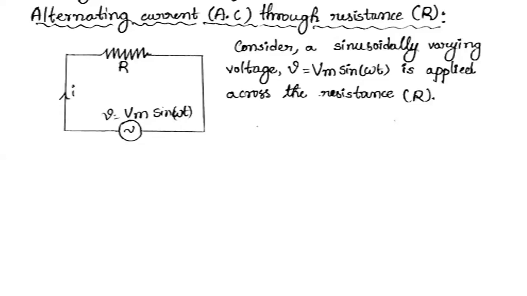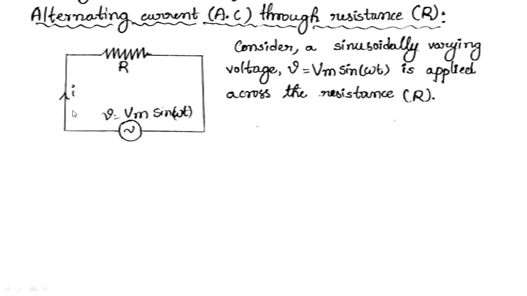Now I want to find the voltage, current and power for the given circuit, and I need to draw the phasor diagram for AC through a pure resistor. In this simple AC resistor circuit, I am applying the AC voltage V equals Vm sin omega t.